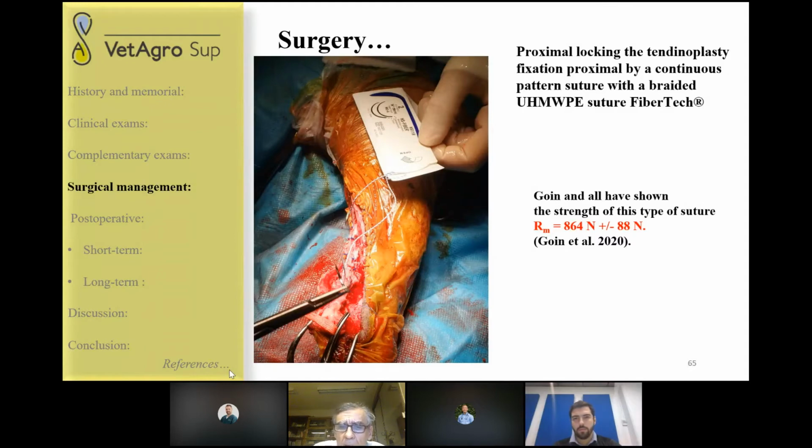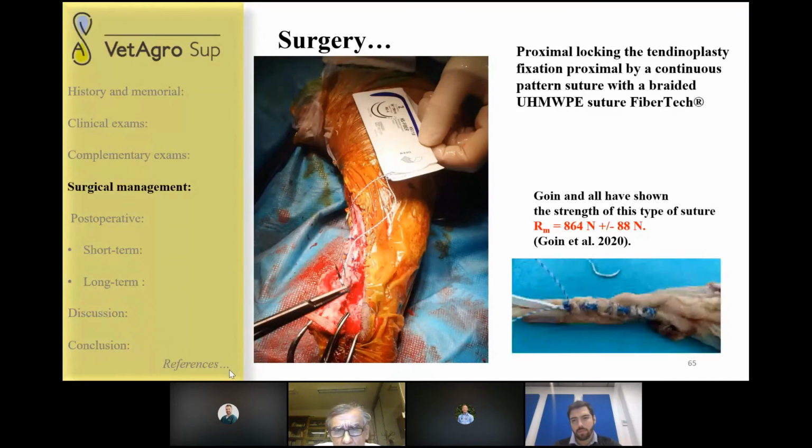My colleague Bastien Gouin has shown that this type of fixation has a very high strength, between 800 Newton and 900 Newton. So it's very strong for a goat. It's very strong. Next slide, please. This is a part of the specimen we have used during this study. Next slide, please.